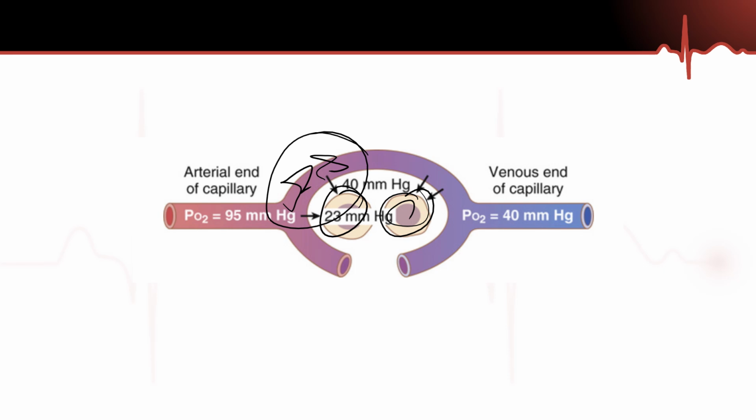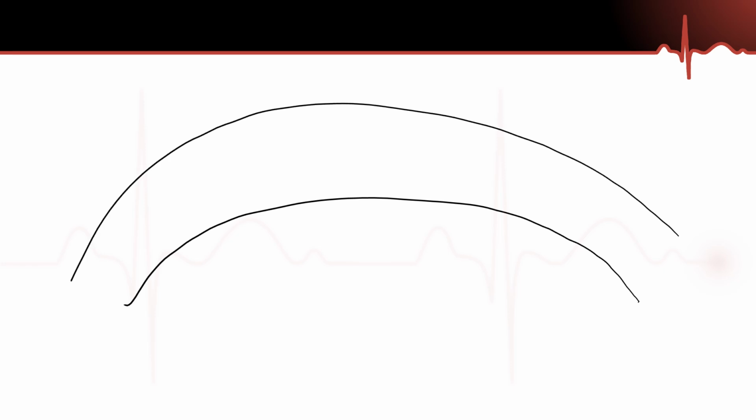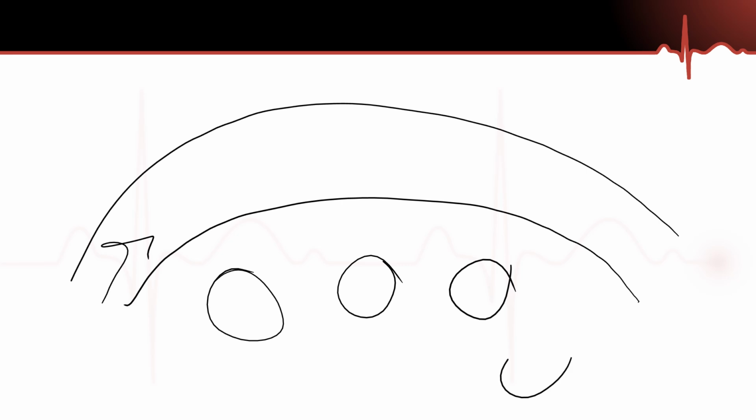So let's try to draw that. Let's pretend that this right here is a capillary within the systemic circuit. It's taking oxygenated blood past muscle cells. So let's remind ourselves about what oxygenated blood looks like.